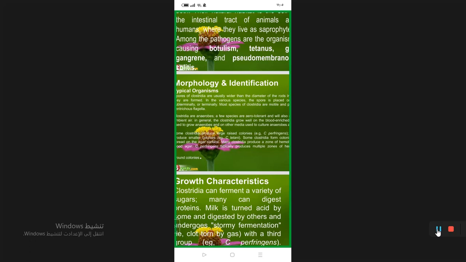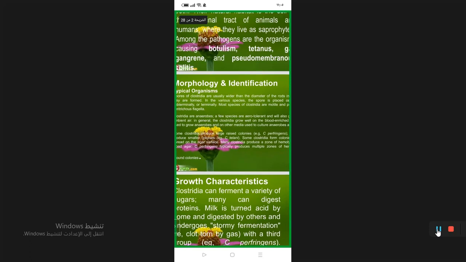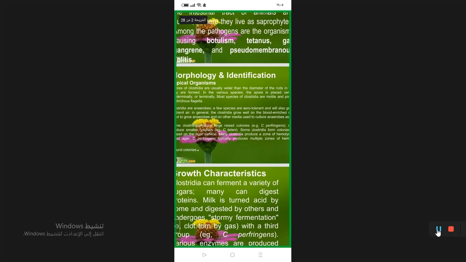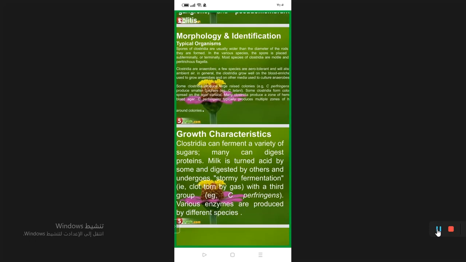Some Clostridia form colonies that spread on the agar surface. Many Clostridia produce a zone of hemolysis, especially Clostridium perfringens. This produces double zones of hemolysis around the colonies.